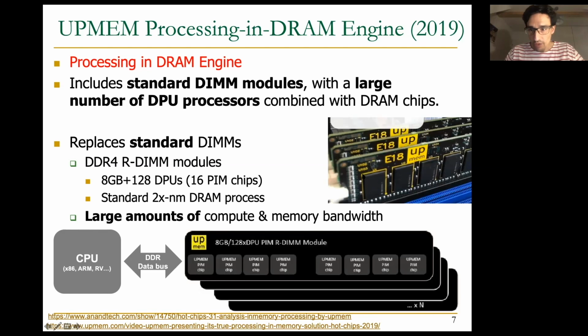Essentially, what we have is, in each of these chips, different slices, each of them consisting of a DRAM bank that can be accessed by the CPU in a conventional manner, but also can be accessed by a small processor or several small processors that you have inside each of these DRAM chips.